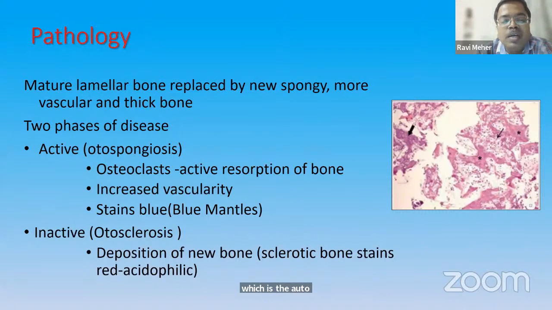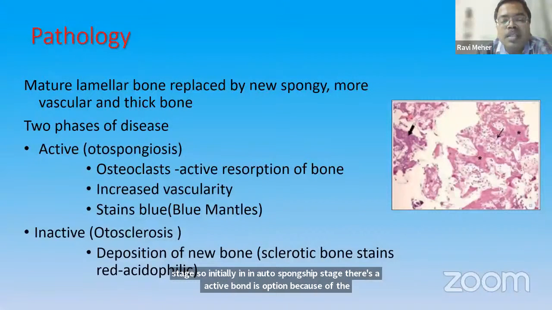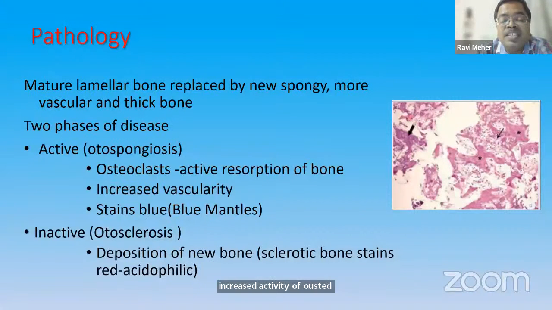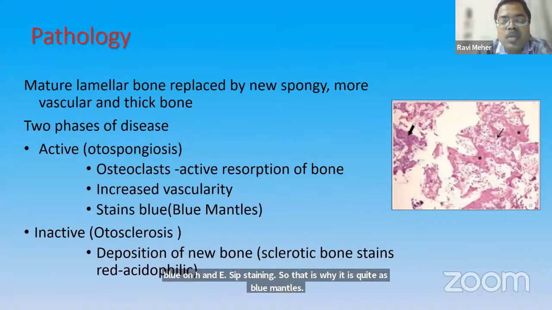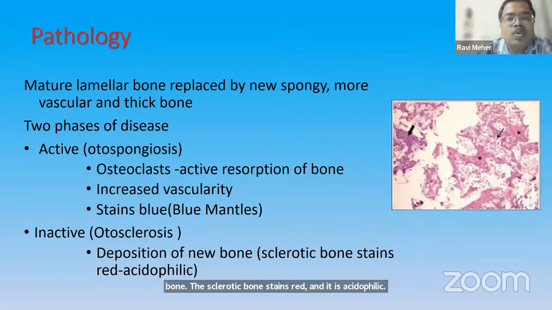So initially in otospongiotic stage, there is an active bone resorption because of the increased activity of osteoclasts, and there is an increased vascularity, and it stains blue on H&E staining. So that is why it is called as blue mantles also. During inactive stage, there's a deposition of new bone. The sclerotic bone stains red and it is acidophilic. So that is the end stage of the disease, and it is called as otosclerosis.